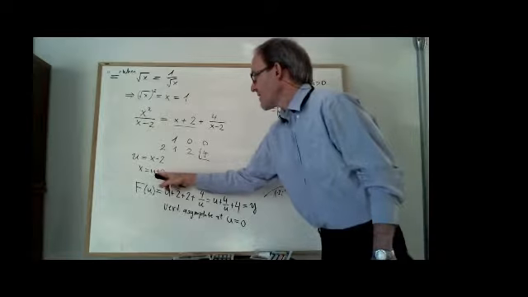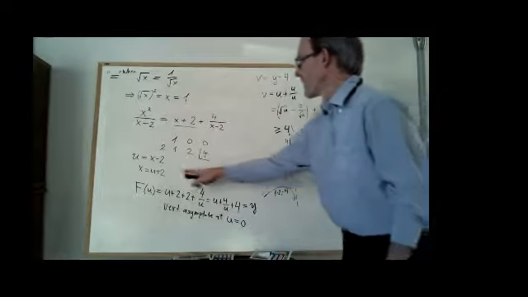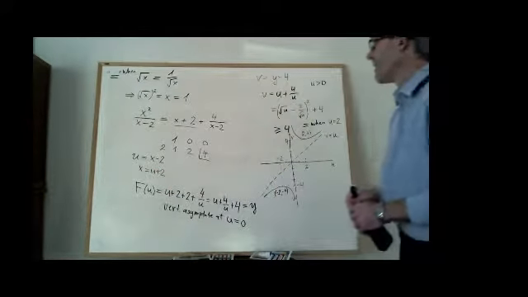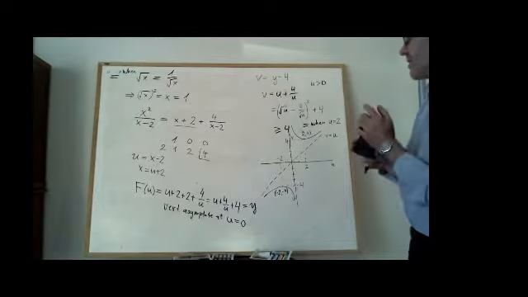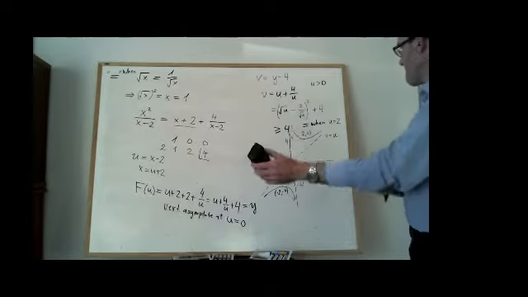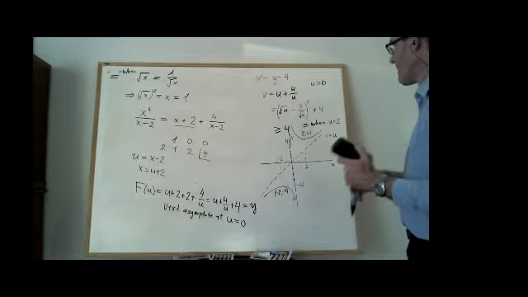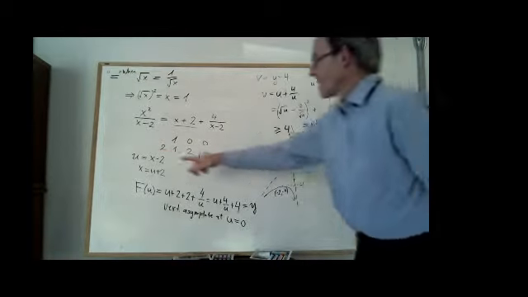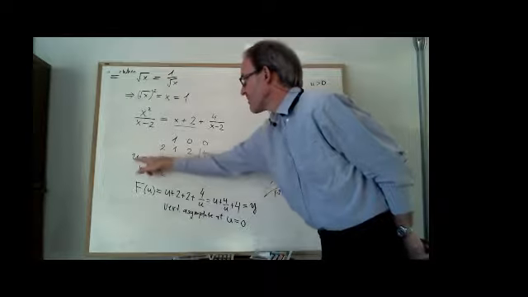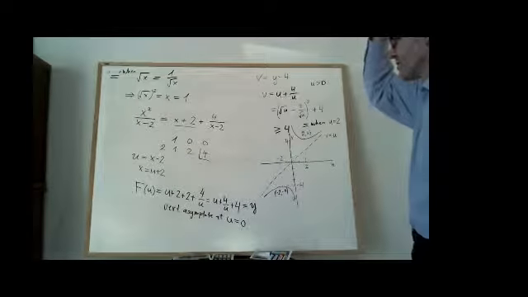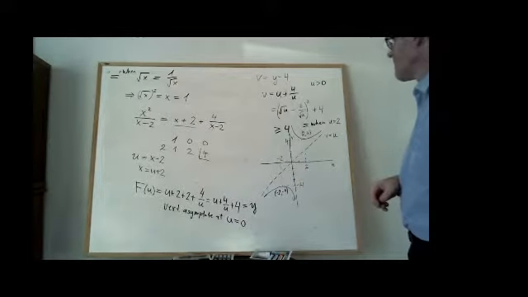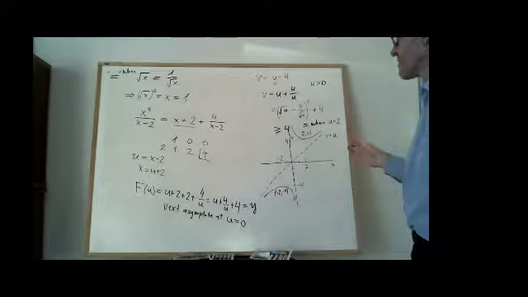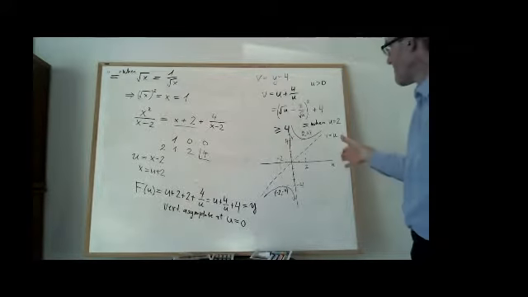I replaced x by u plus 2. For any value of x before, to get u, I subtract 2 from it, and I get the new variable u. So actually what that means is I'm shifting to the left.